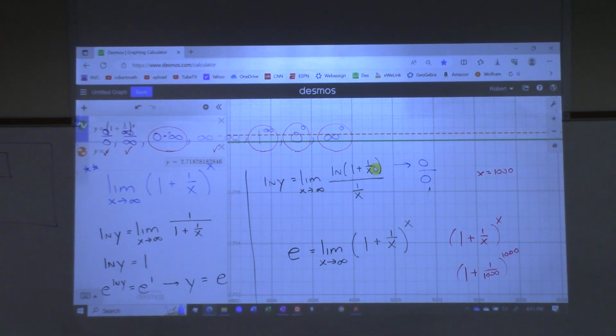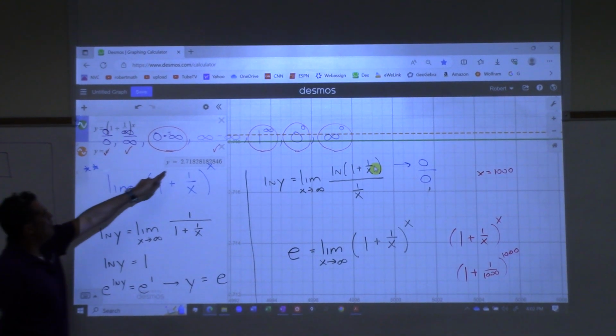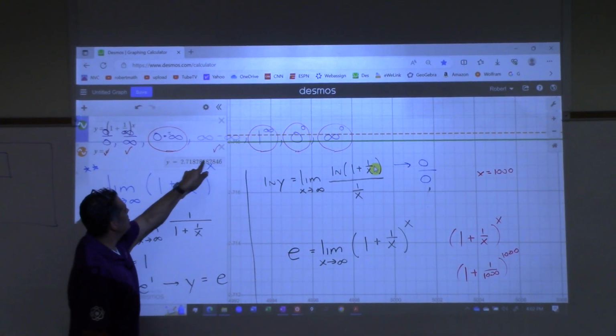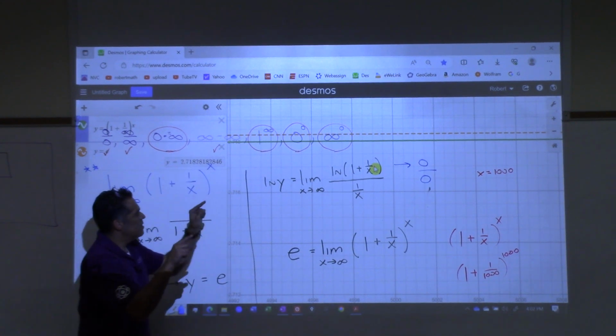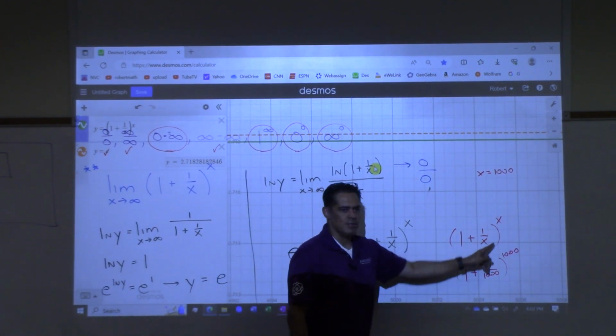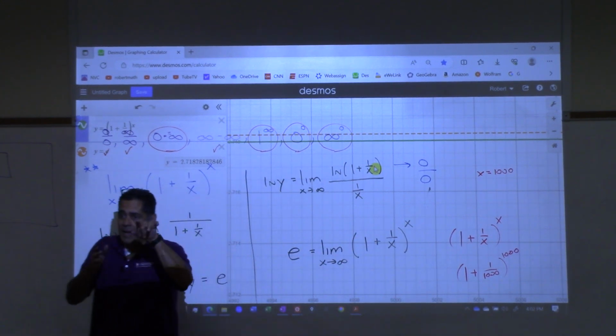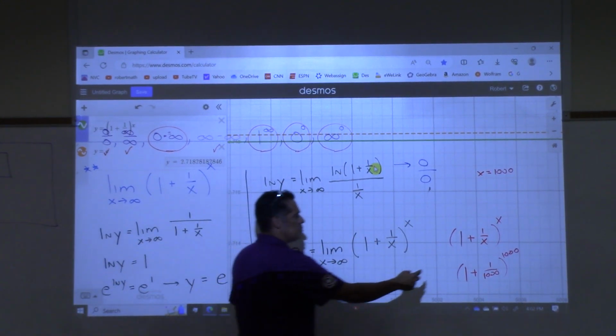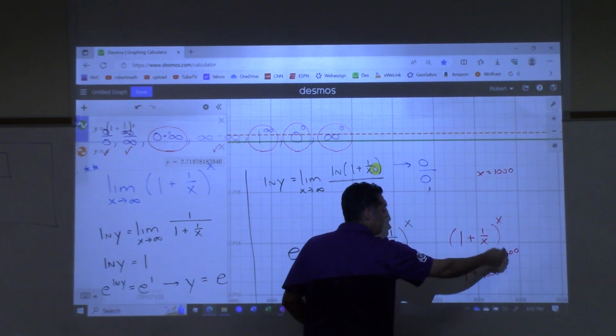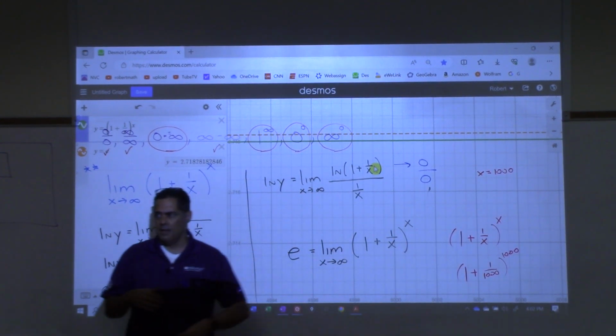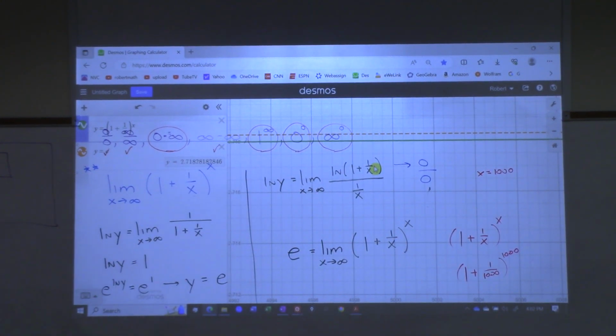But really, do you see these decimal points? To get more decimals of e, you just go further out. This is the way your calculator knows 2.718. The way it calculates that is it just plugs in big powers of x into this, and it gives you an approximation of what e is. So this is a classic example because at the end you have a definition for e.